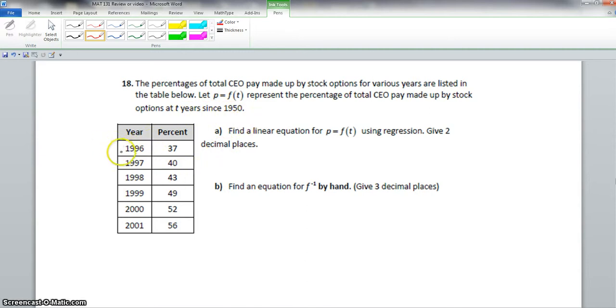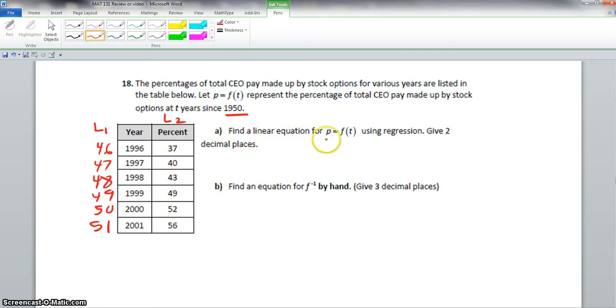What we first must do is determine these years. Since everything is since 1950, this would be 46, 47, 48, 49, 50, and 51. This would be our L1, and our L2 would be our percent. If you notice, our percent is going up by 3.